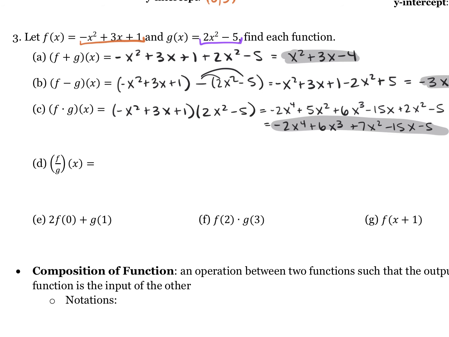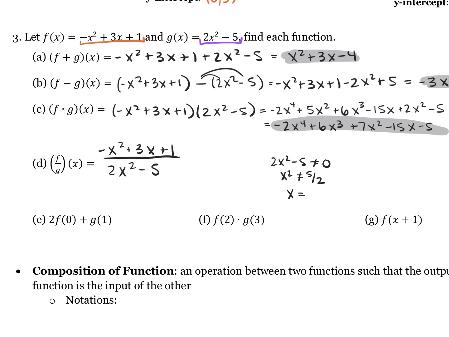All right, and then lastly, f over g, we just put f function in the numerator, and then g in the denominator, and then we always want to set the denominator to not equal 0, and include that in our answer.